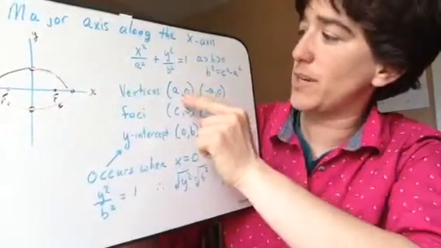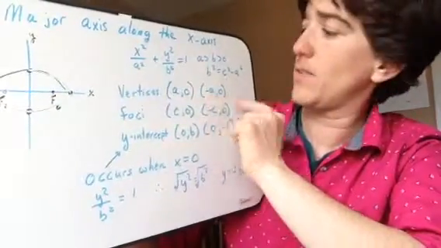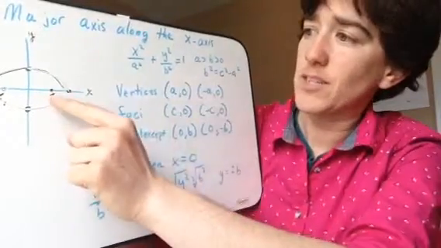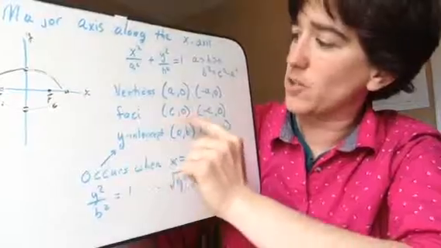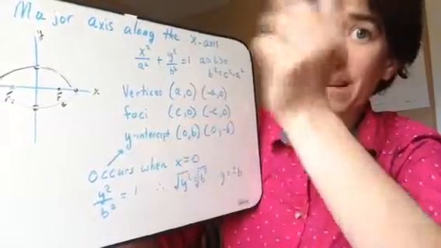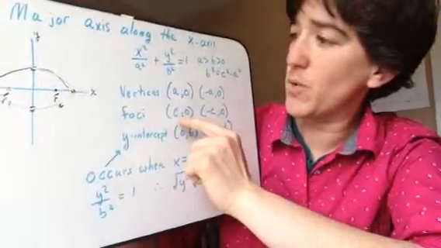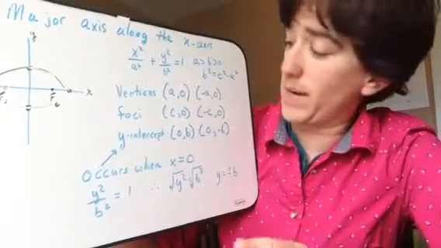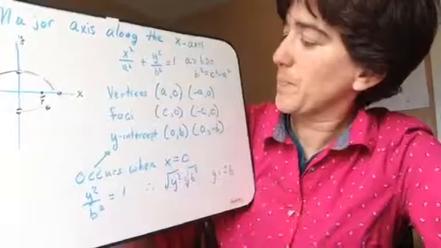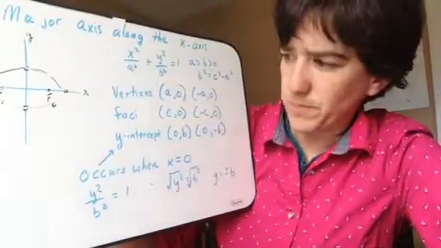Notice symmetry: (a, 0), (negative a, 0). My distance from center to the foci is described as c. Again, symmetry. So my two foci, if I know one, I know the other. The foci are going to be located at (c, 0) and (negative c, 0).